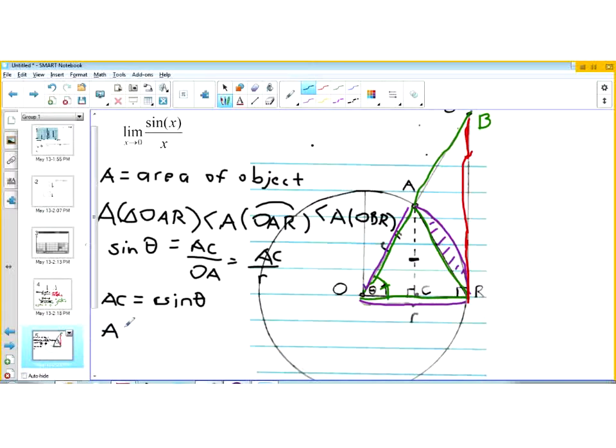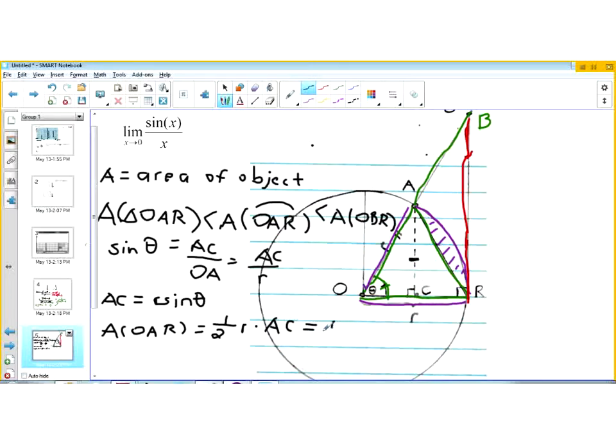So the area of triangle OAR is equal to 1/2 times the length of the base, which is R, times the height, which is AC. Now, how do we know that AC is the height? Well, we know that A is not on OR, and the height of the triangle is the distance from the base to this vertex A. Okay, and the distance from the base to the vertex A, we've denoted as AC.